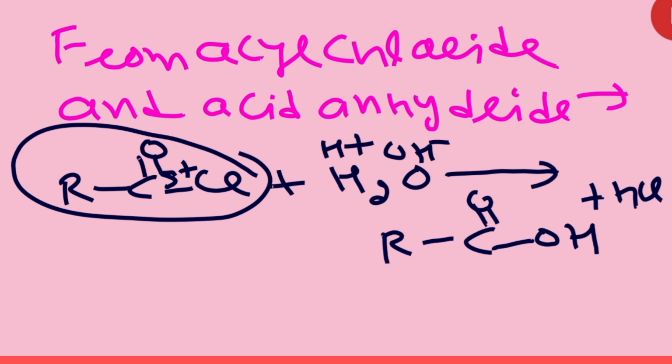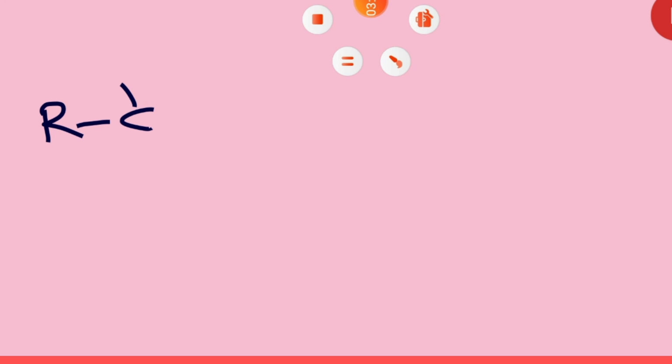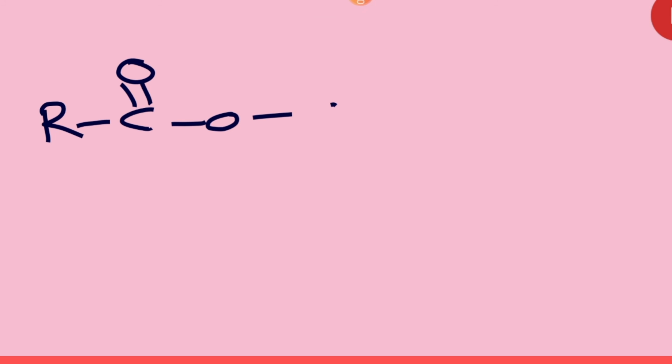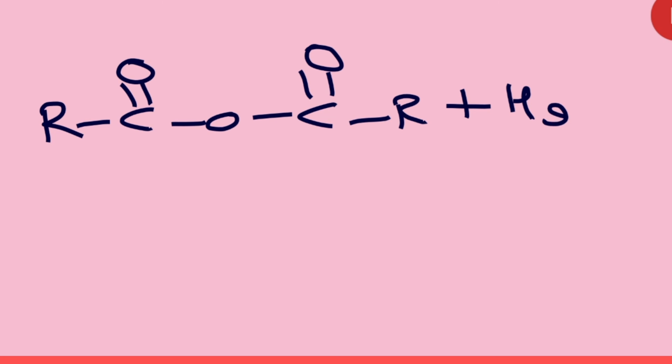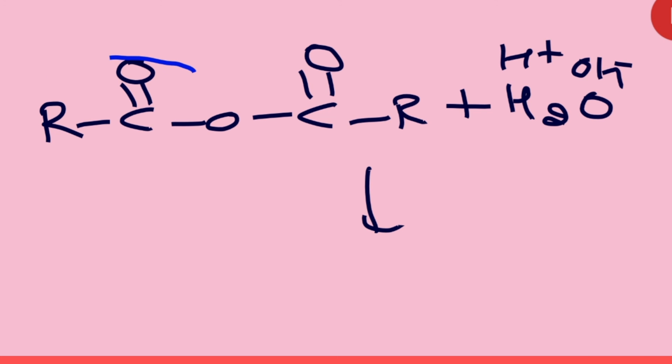In the same way we can do the hydrolysis of acid anhydride also. What to do into that? RCOOCOR plus H2O. Now what to do with H positive and OH negative? Then what did we do in this? Look at this.